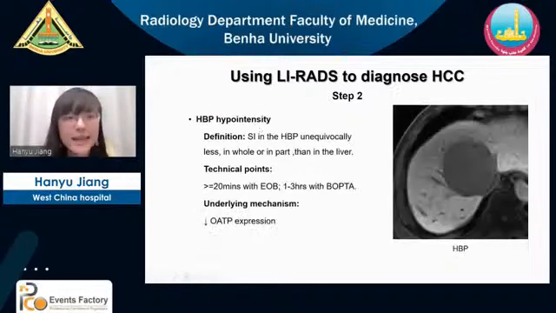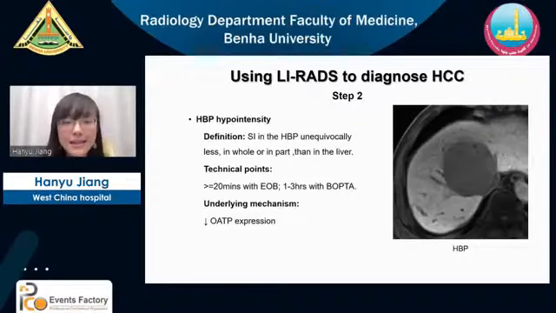HBP hypointensity, hepatobiliary phase hypointensity, is defined as signal intensity in the HBP less, in whole or in part, than the liver. The technical points for this appearance include that we can acquire the HBP image for EOB at 20 minutes or later, while 1 to 3 hours with gadobenate.